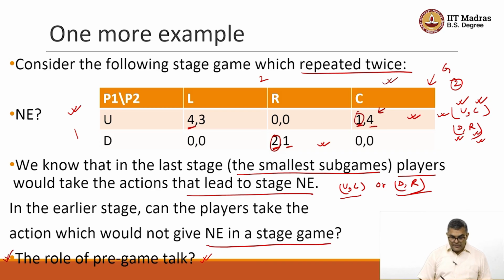So is it possible that they somehow agree to play U, L in the first stage? Can player 1 entice player 2, saying that if you play L in the first stage, I will play U, I will get 4, you will get 3, and I am going to reward you by playing U in the second stage and you will play C in the second stage, and that's how you can make much more.